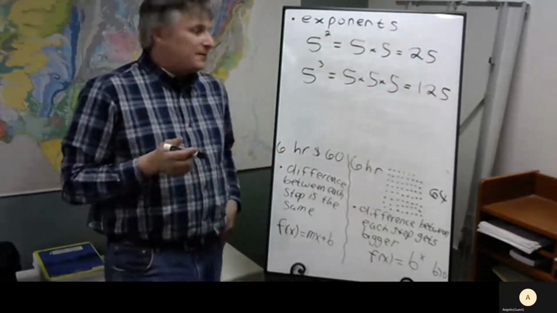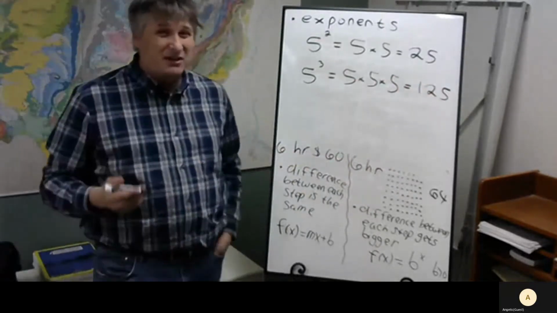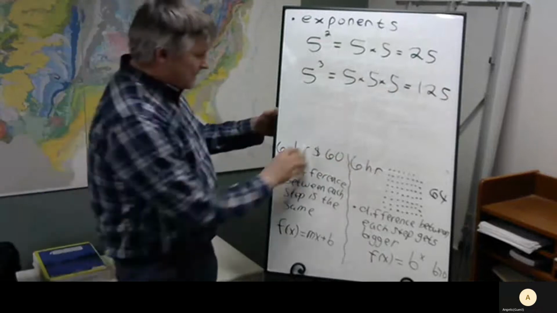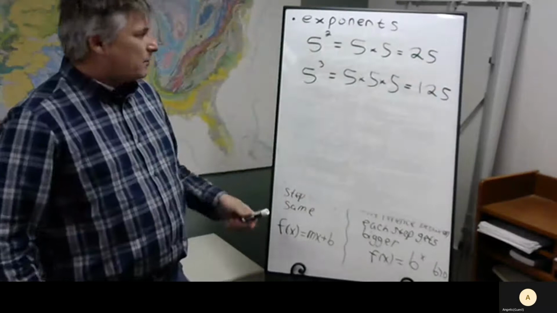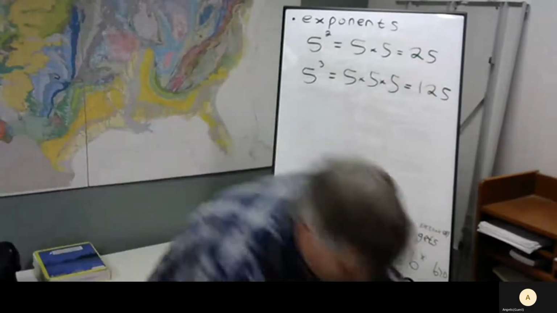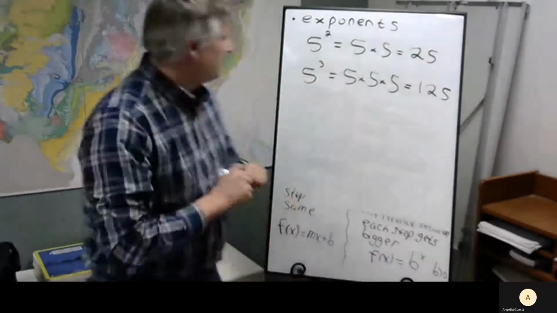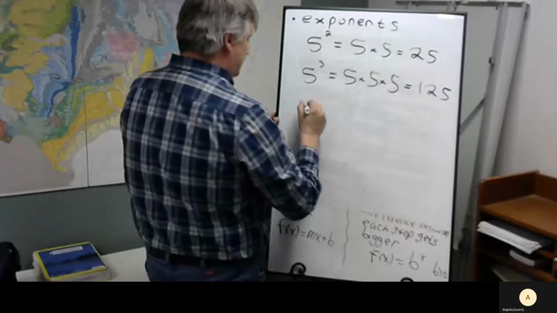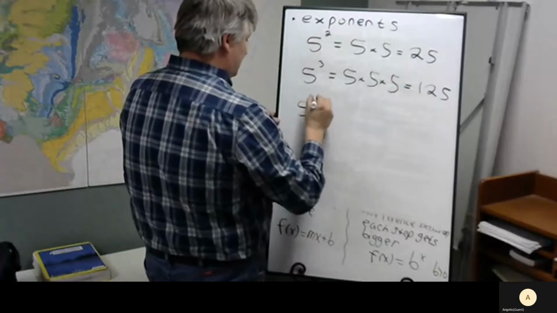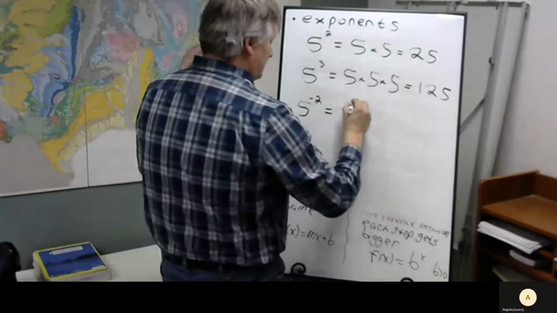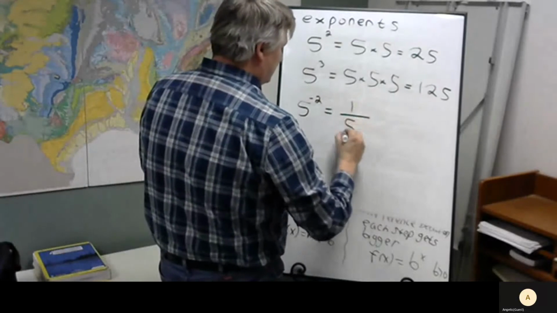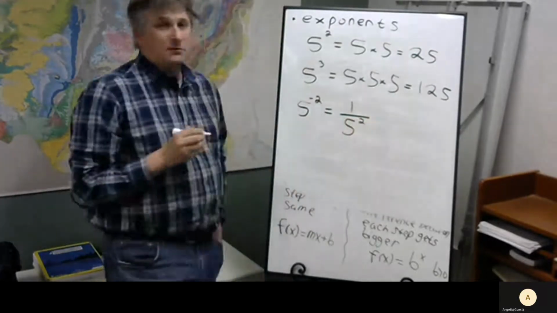Now, what's going to come up in this section, we're going to also see negative exponents. And there's a bit that we could go into where these come from, but we want to know how to interpret them. So 5 to the negative 2, what this means is 1 over 5 to the 2.